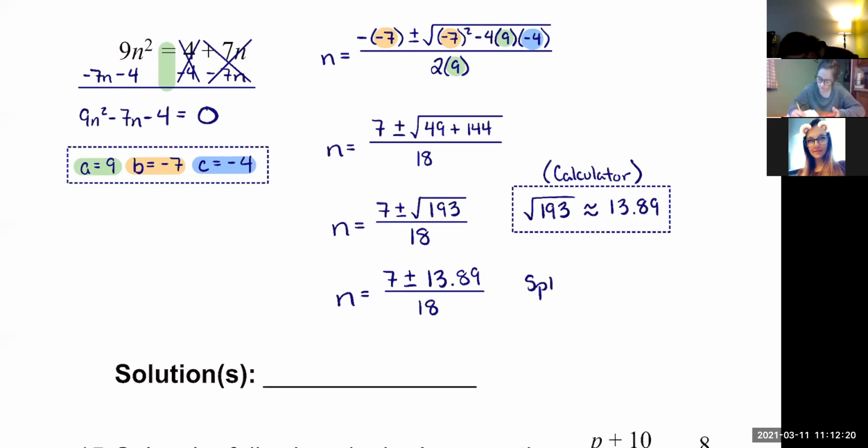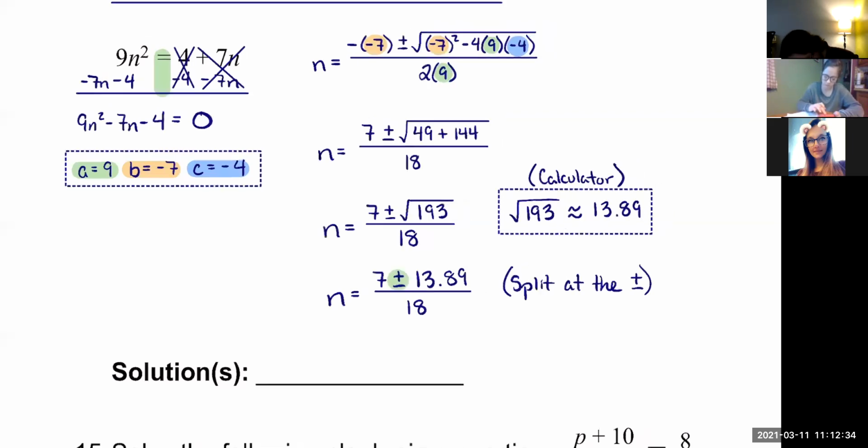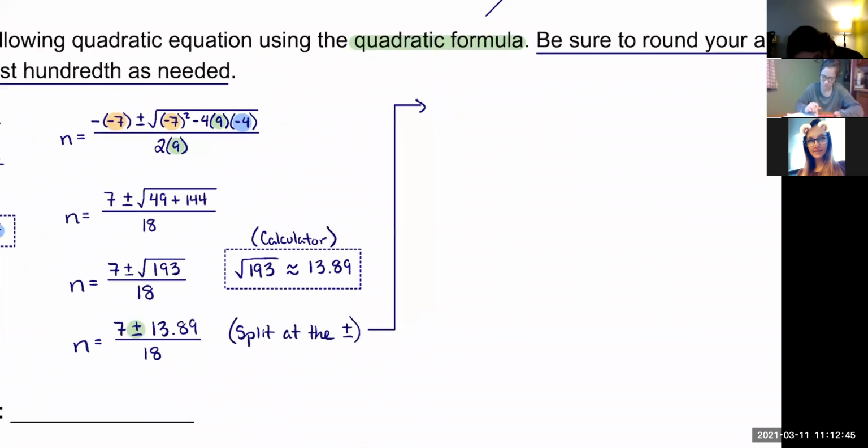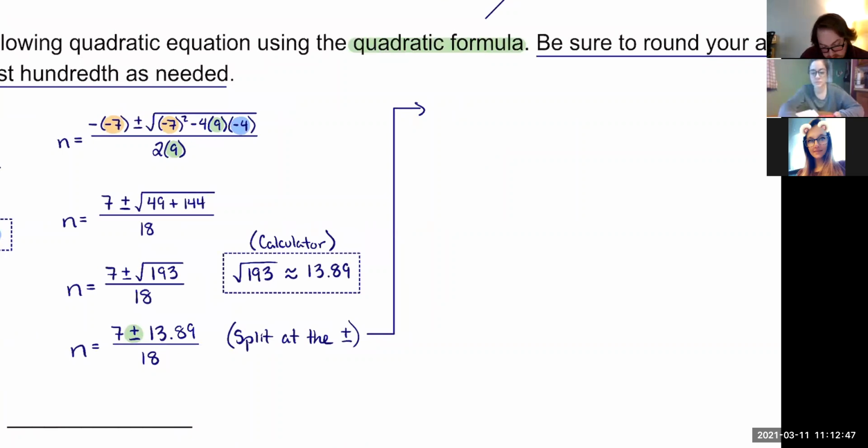And now that I've cleaned all that up, I am ready to split at the plus or minus. I've kind of got a little crowded here, so I'm gonna split them over here to the right. Oh, and you know what I did do?